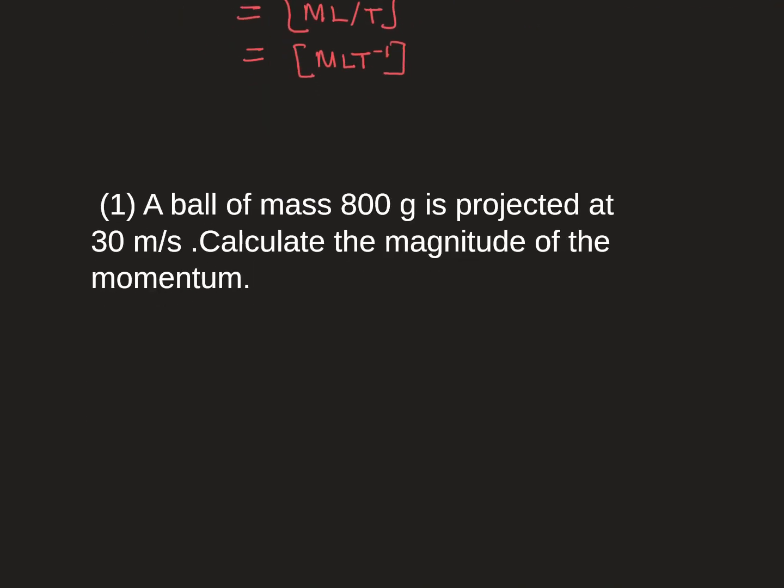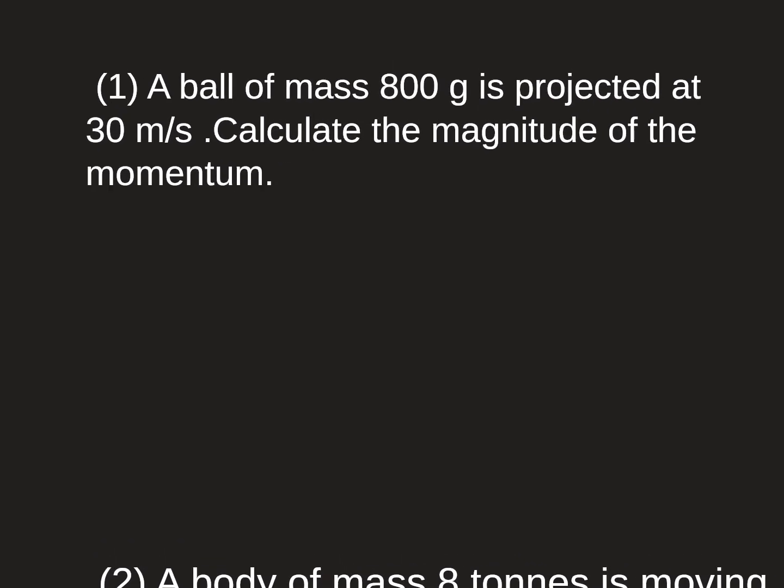We move on. We have a problem here, and it says a ball of mass 800 grams is projected at 30 meters per second. Calculate the magnitude of the momentum. So the mass is 800 grams. If you convert that to kilograms by dividing it by 1,000, you will have 0.8 kilograms.